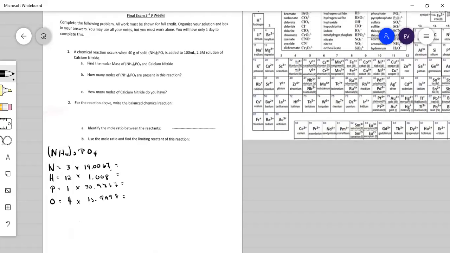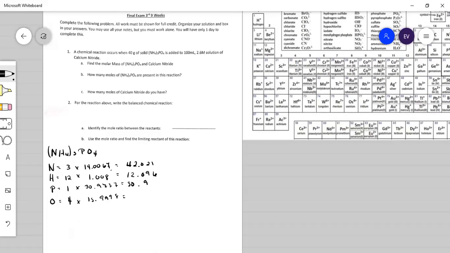14.0067 times 3 is equal to 42.021. 12 times 1.008 is 12.096. 30.9737 times, of course, it's 1.